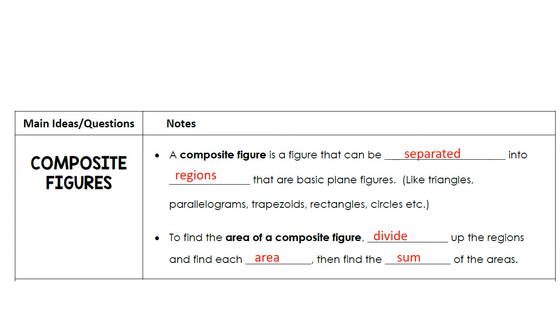The other type of area that we're going to solve for is the area of a composite figure. A composite figure is a figure that can be separated into two basic plane figures. In the diagrams that we're going to look at, we won't have a specific area formula for every single composite figure, but we can divide it into things that we do have formulas for, and once we've found the parts of that figure, then we can add them together.